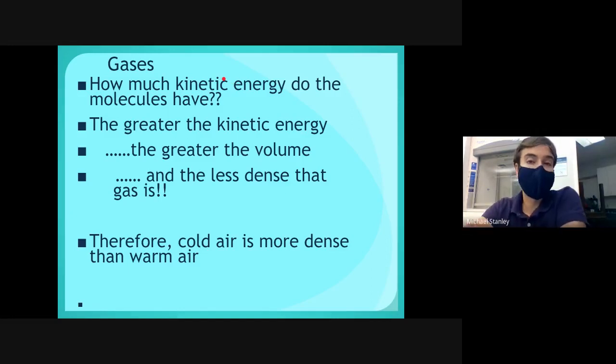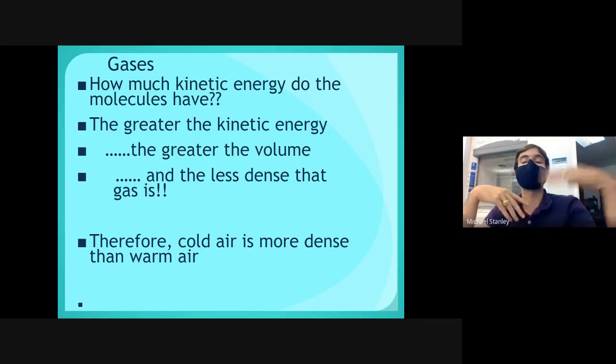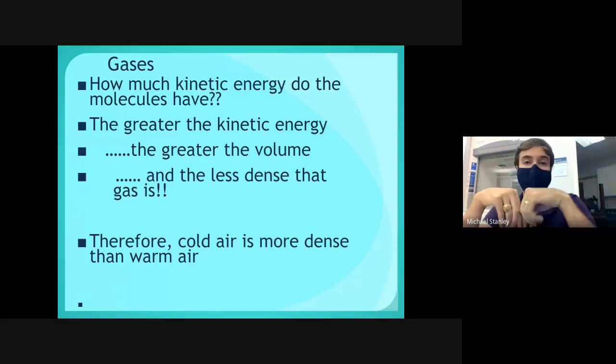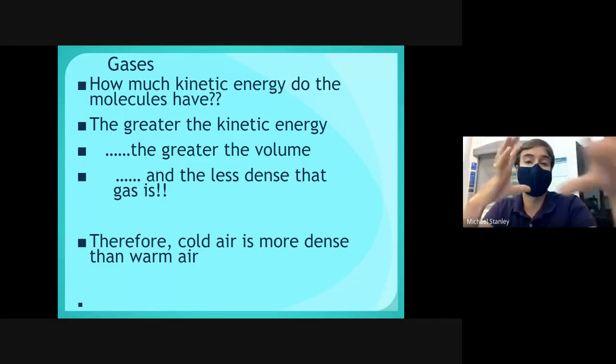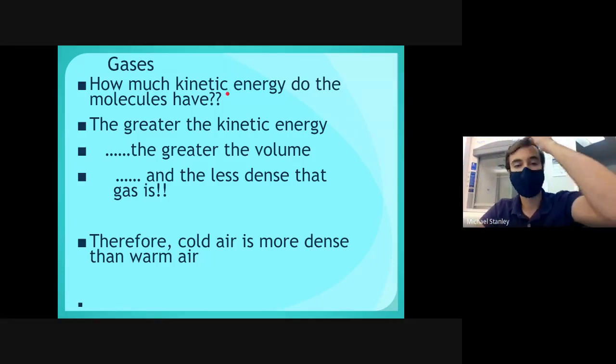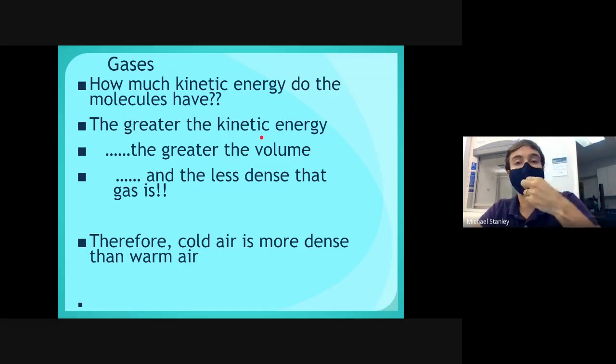The other thing that you may remember about kinetic energy is that it is directly linked with temperature. As the temperature of an object goes up, the particles move faster and faster, and that object has more kinetic energy.